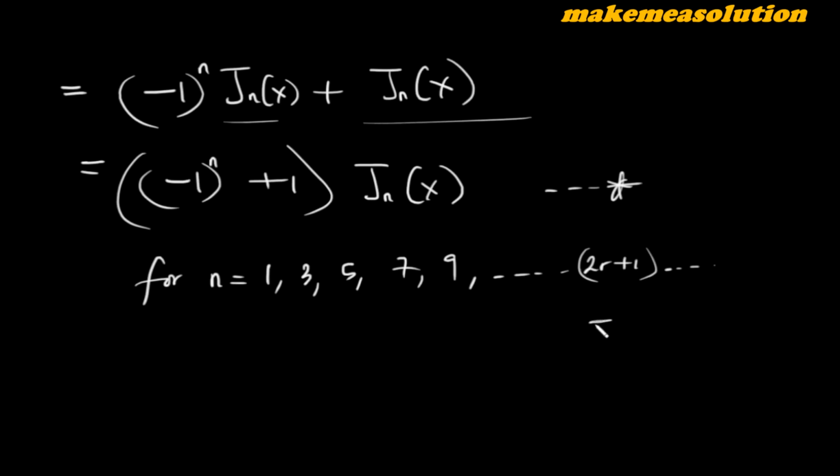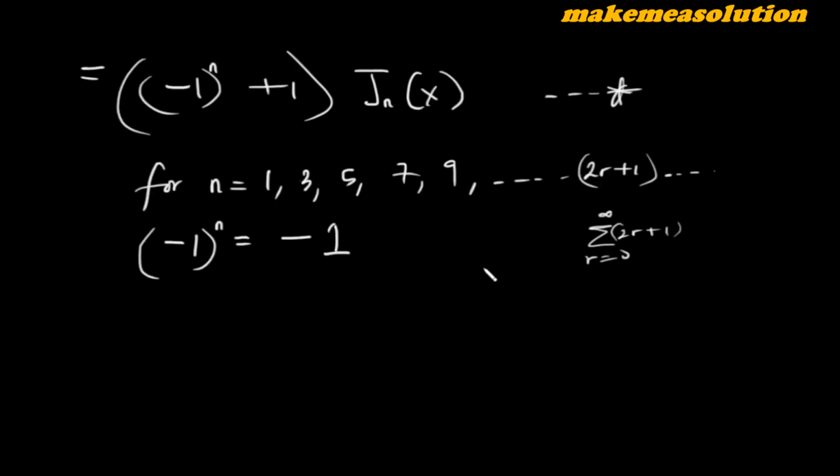Remember, odd numbers are given by 2r + 1 for r from 0 to infinity. That's the list of the odd numbers. So you discover that whenever n is any of this set of odd numbers, (-1)^n will simply translate to -1. For instance, -1 raised to the power of 1 is -1. -1 raised to the power of 3 is -1. -1 raised to the power of 5 is -1, and so on.